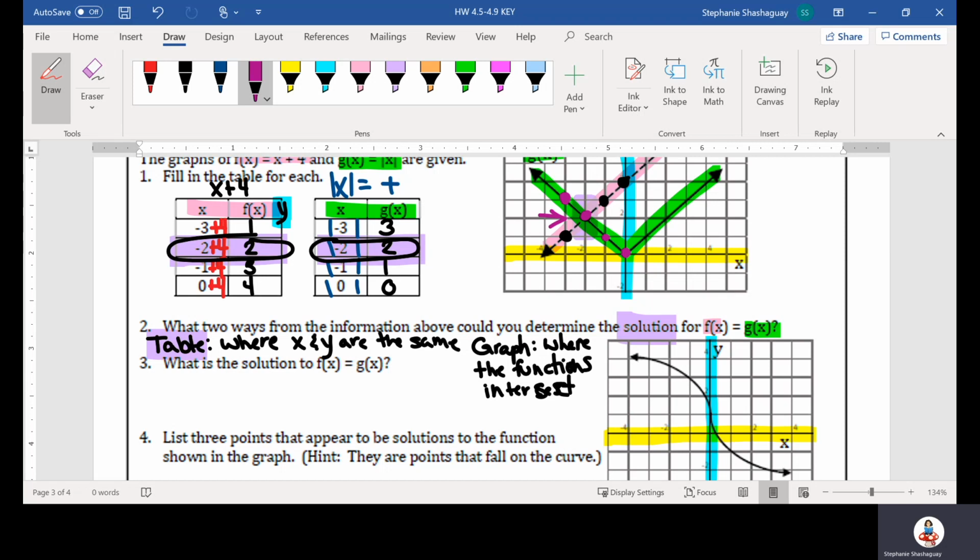Also at -2 and 2. So what is the solution for f of x equals g of x? -2, 2, or when x is equal to -2. Sorry.